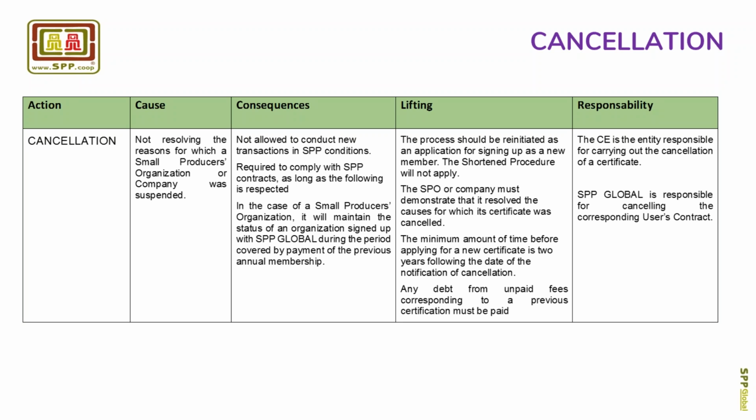The responsibility is from the certification entity, and in case of SPP Global, it is responsible for cancelling the corresponding user's contract. When a certification entity sends the cancellation, SPP Global must cancel the user's contract.